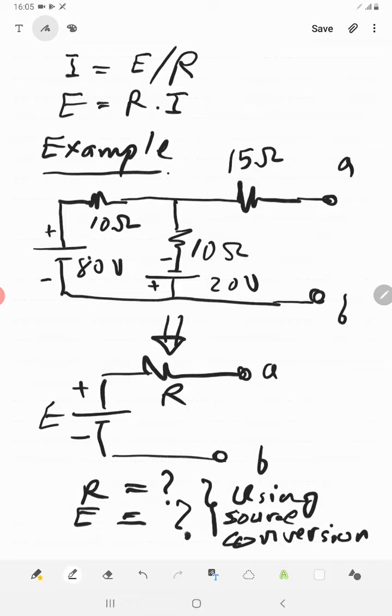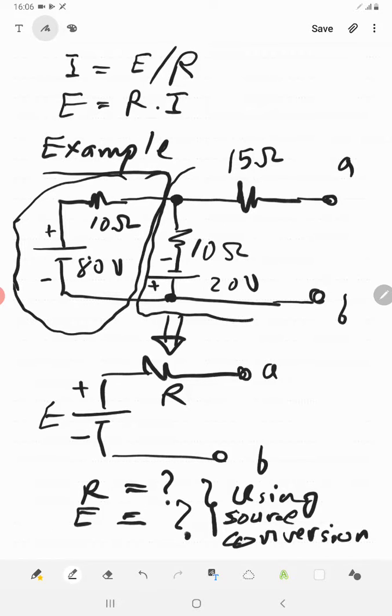So what shall we do? As you notice, this voltage source and series resistance R are connected with this source here, and these are connected in parallel.